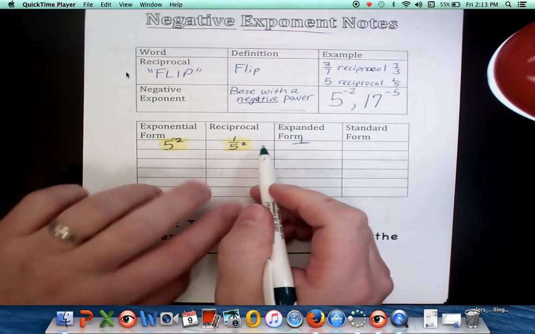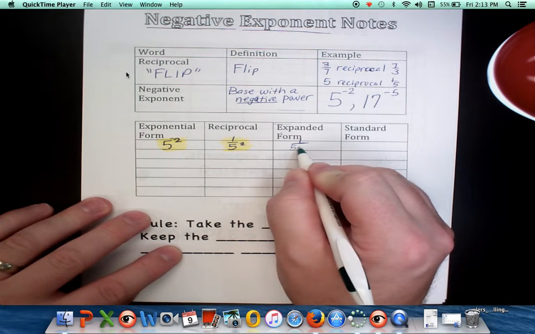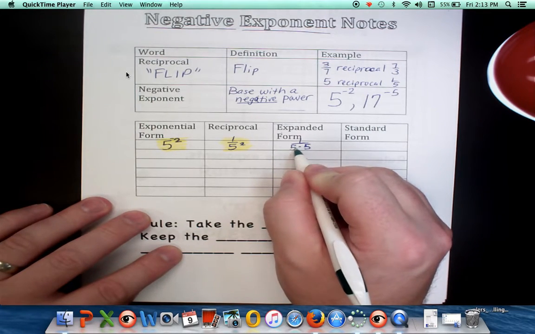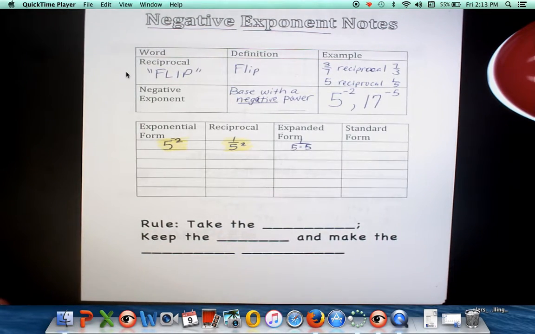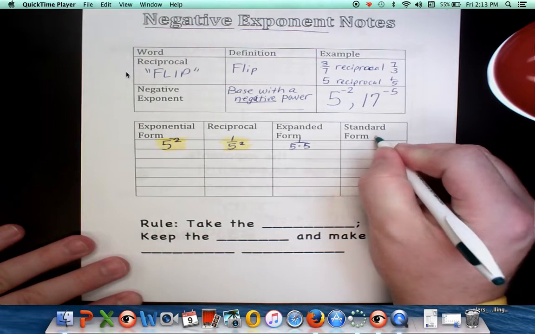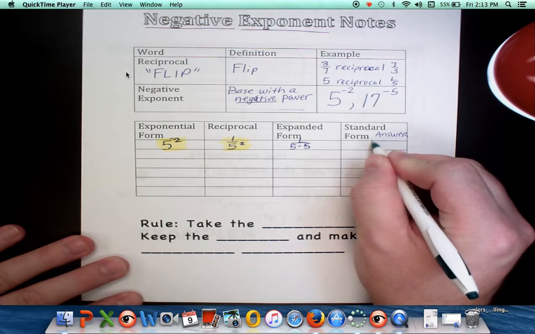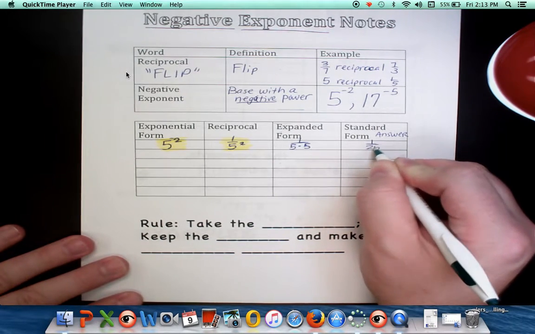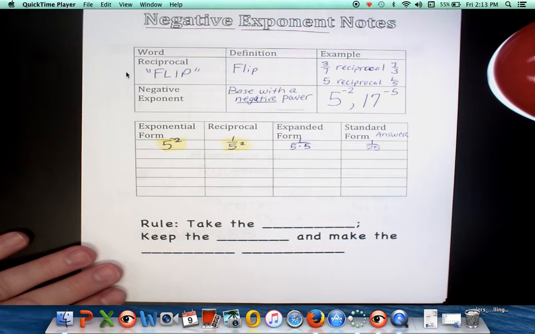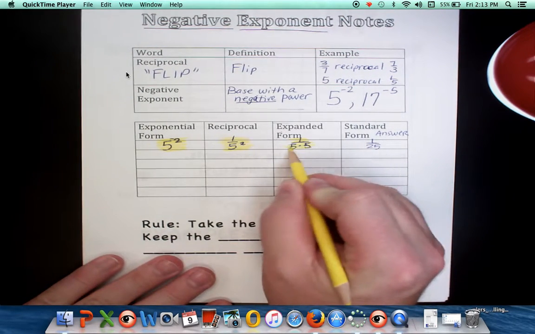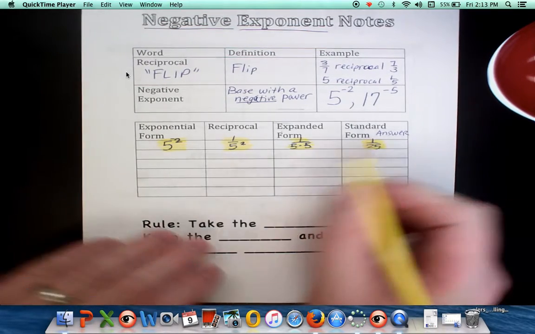That means I got 2 5s. That equals 5 times 5. Alright? The next thing I can do is write it in standard form, which is my answer. And 5 times 5 is 25. There it is. And all of these, here in the yellow, are the same.